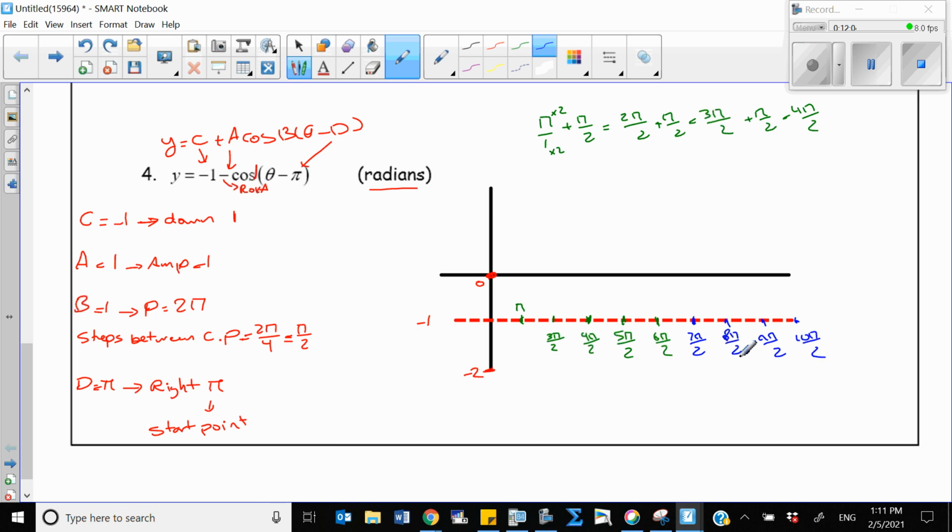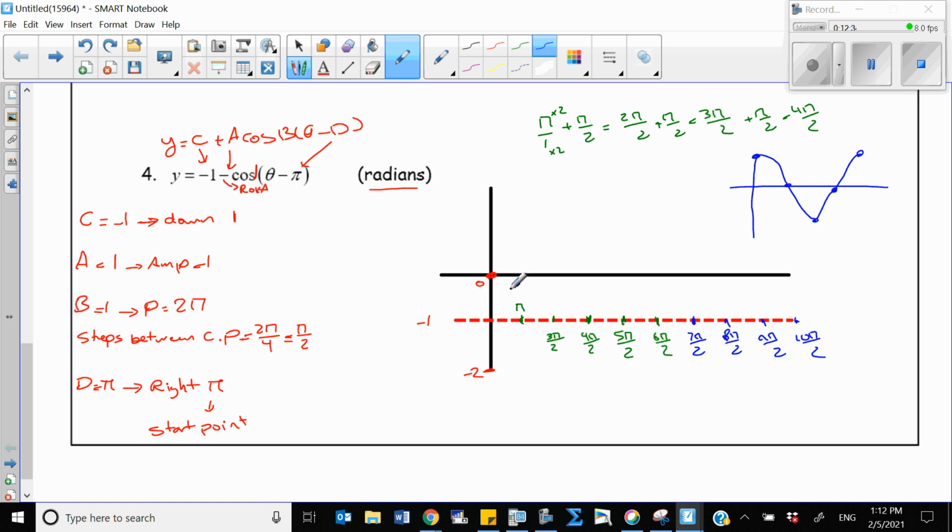Now I can start graphing my function. Cosine looks like this: high, middle, low, middle, high. I can follow the same pattern, but notice that we had a negative here. This negative is a reflection over the x-axis, so we need to flip this. Any high point becomes a low point, and any low point becomes a high point.